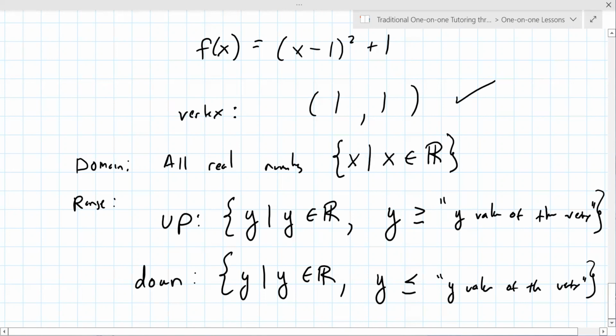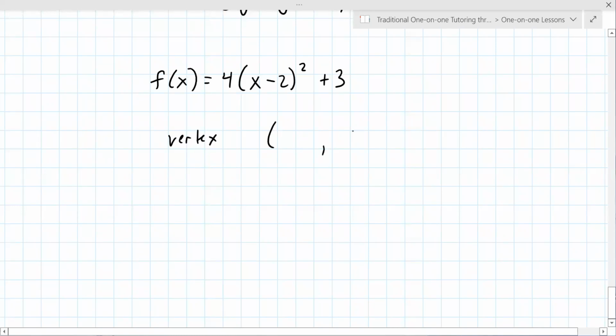All right. So let's look at this in the context of a problem. Let's say I give you a problem like this: f of x equals 4(x minus 2) squared plus 3. What is the vertex? The vertex is positive 2 and 3. Does this graph open up or down?